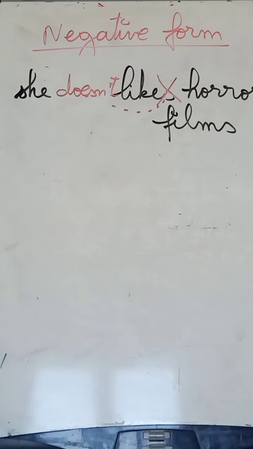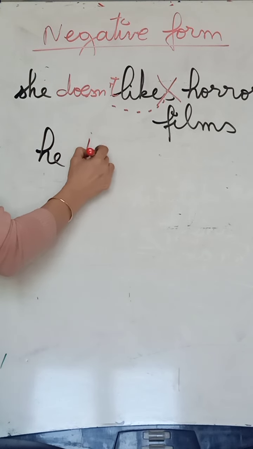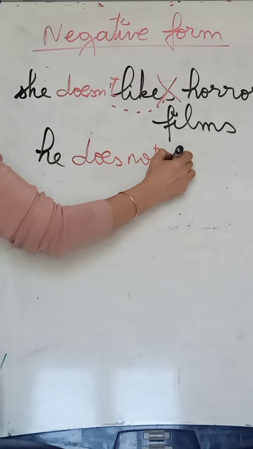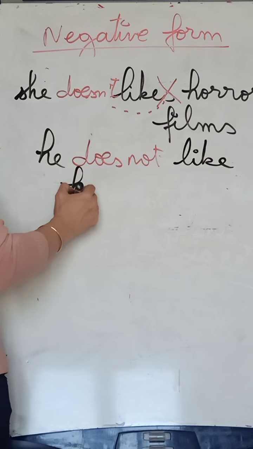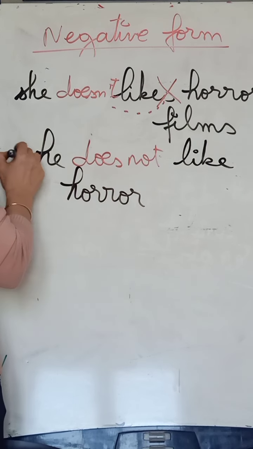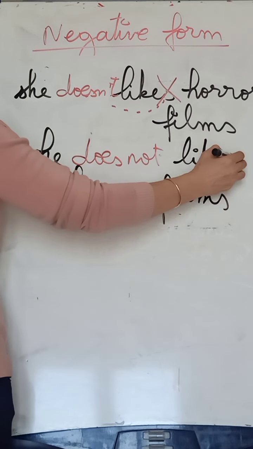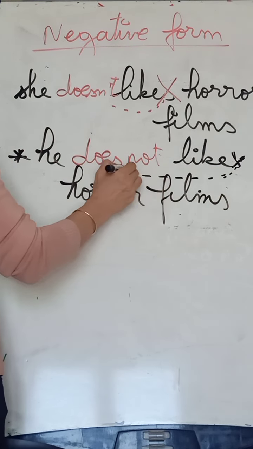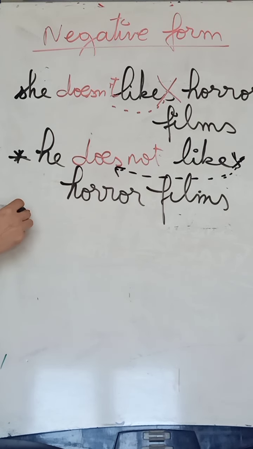The same thing here. He does not like horror films. So the S of this, we omit it and it comes here. And it becomes doesn't like. Okay? Like this.